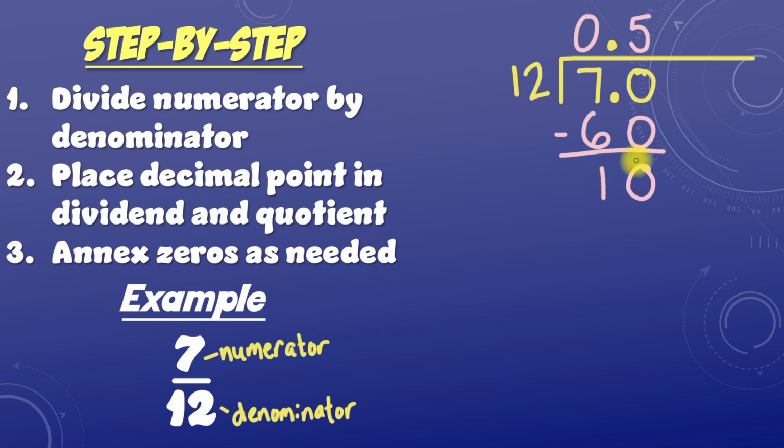Since our remainder is 10, that means we've still got work to do. So we have to annex another 0, bring it down, and then repeat the process. How many times can 12 go into 100? Well, that's 8 times. So I'll put an 8 right up here, and then multiply 12 times 8.